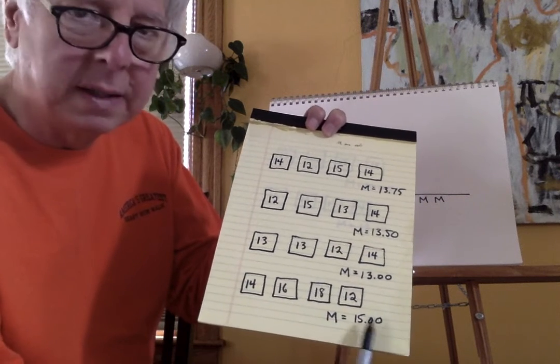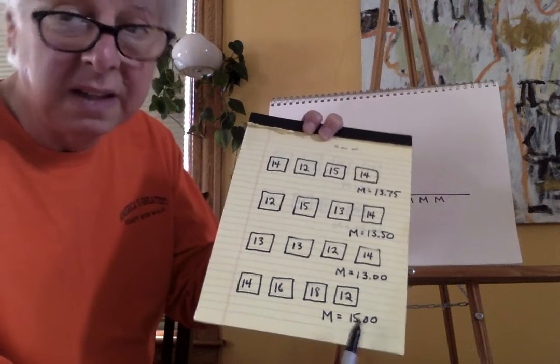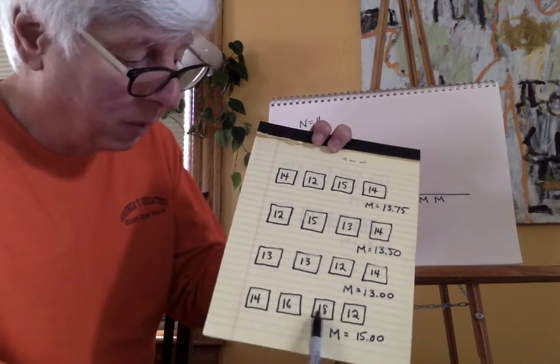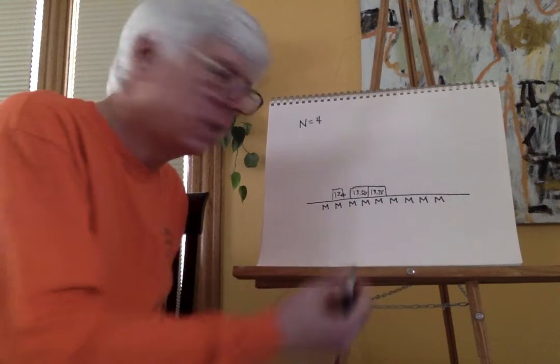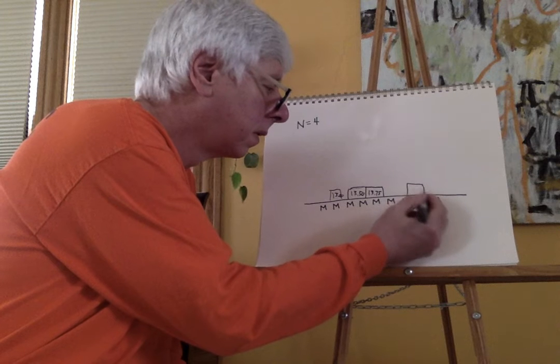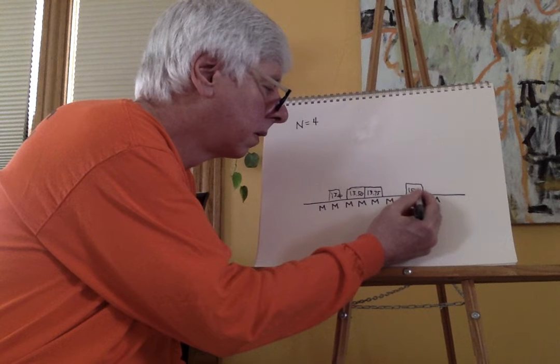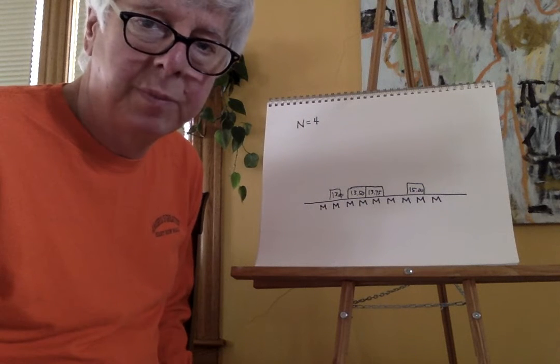We're going to calculate the mean. Again, this is an M. The mean is 15. That's not surprising because we had an 18 there, we had a 16. So let's go back to our graph, and here's our sample with a mean of 15.